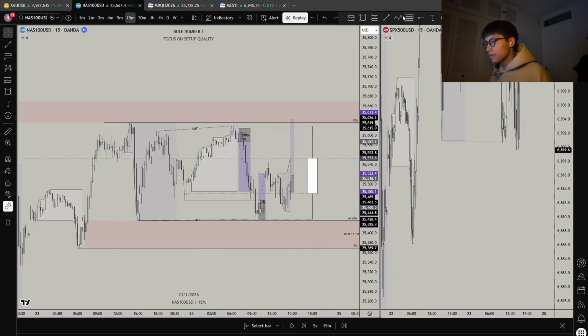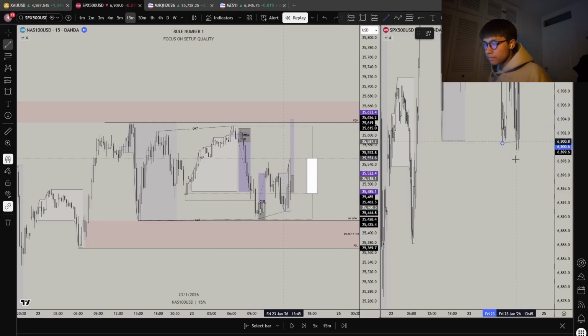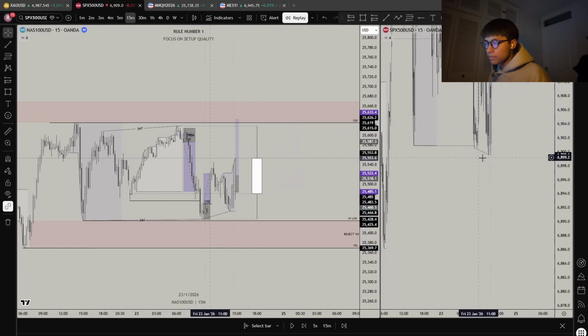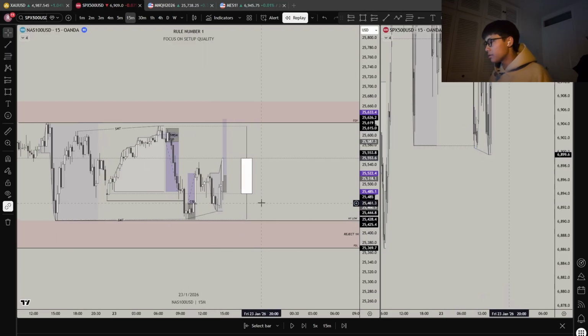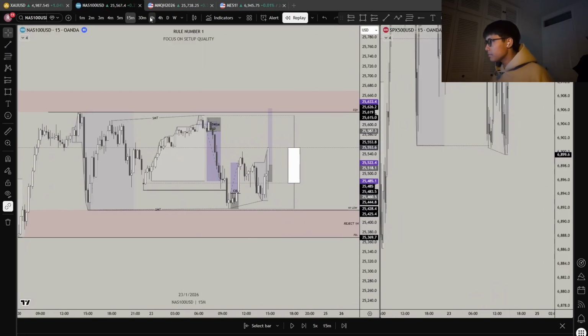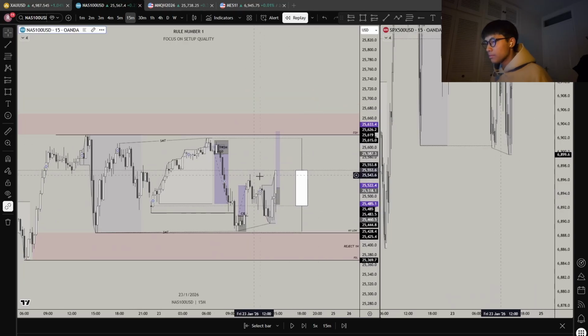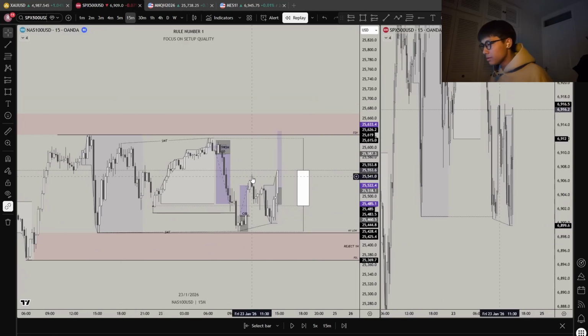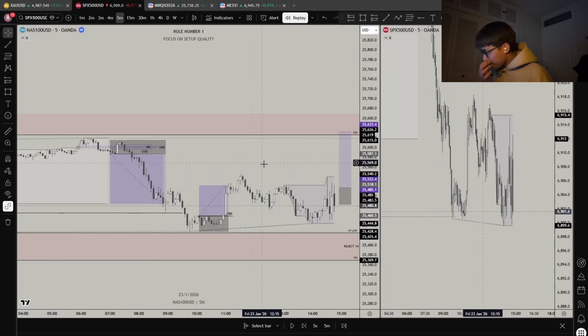Third is this bullish SMT over here with London low and this low here, as you guys can see. This low was taken on ES, but it wasn't on NQ. So in terms of the bias, and also, wait, was there another one? I saw there's another one. Let me check.